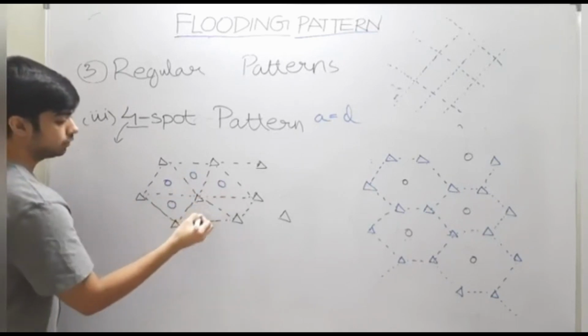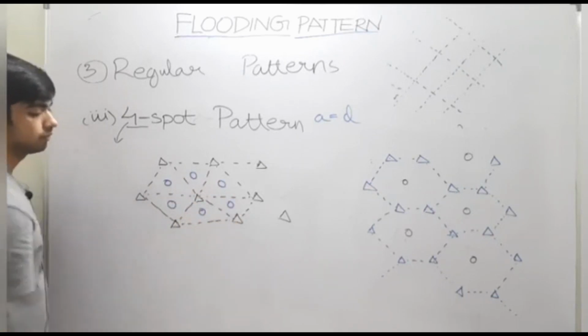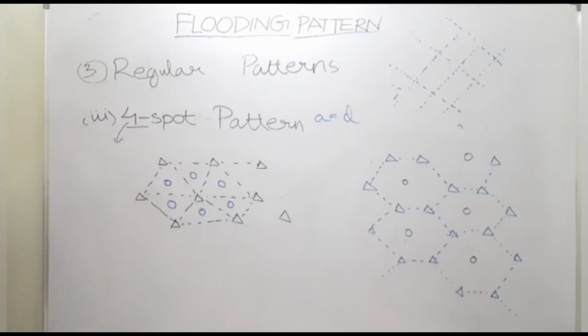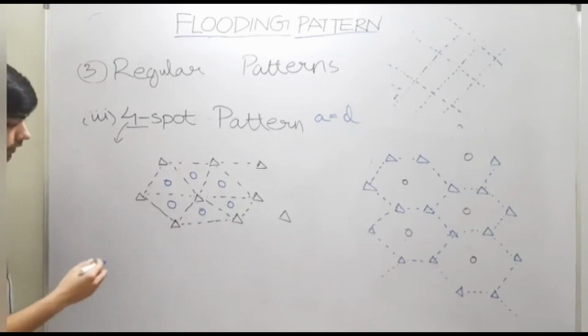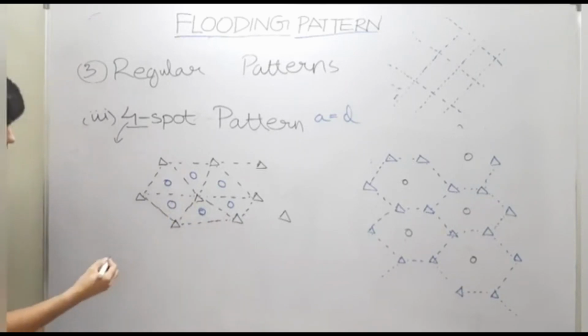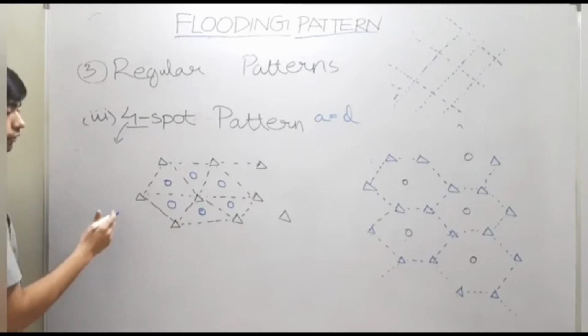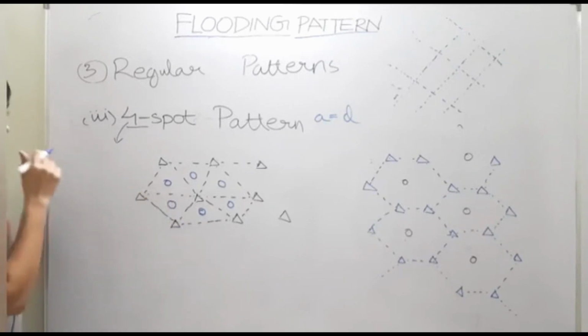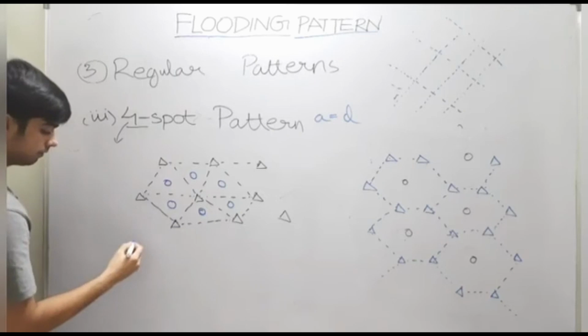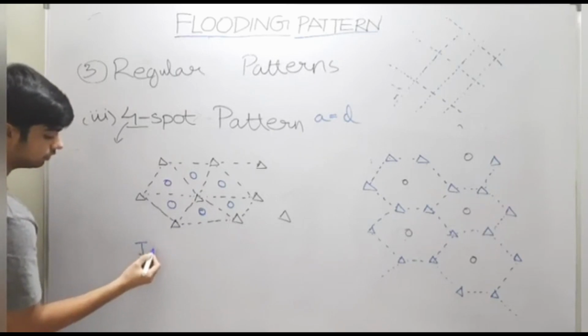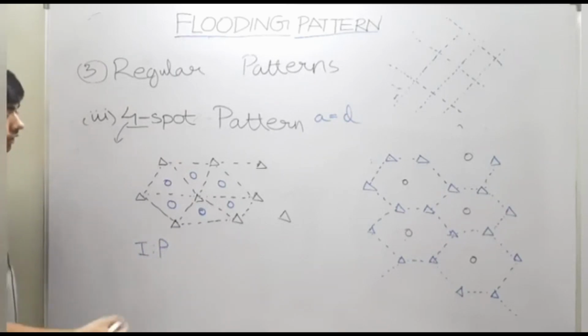Between these triangular lines, there will exist one producing well. And the main thing where the question can be framed is that they can directly ask you which pattern this is, or they can ask what is the ratio of injector wells to producer wells.